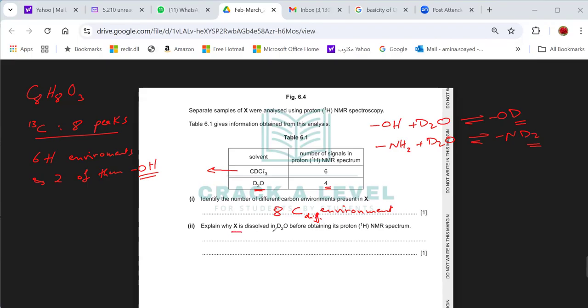Now explain why X is dissolved in deuterated oxide before obtaining its proton NMR spectrum: to test for the presence of the OH group, as its signal disappears in D2O.